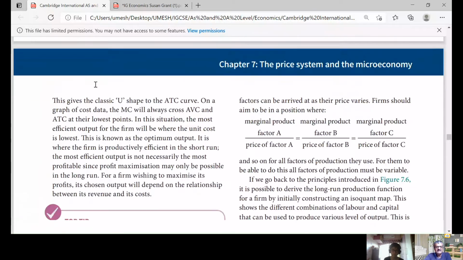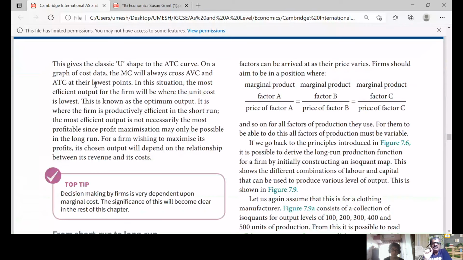Here it has been said that the marginal product of factor A. When you are a producer, you will try to have MP, not MU. You are not going to have marginal utility, because marginal utility is derived while you are doing the consumption of that product. Marginal product you will calculate when you are a producer.